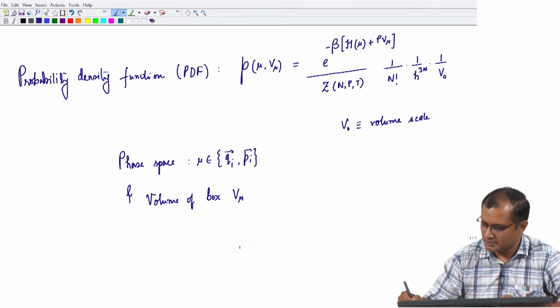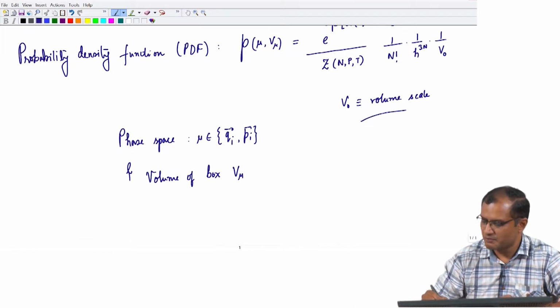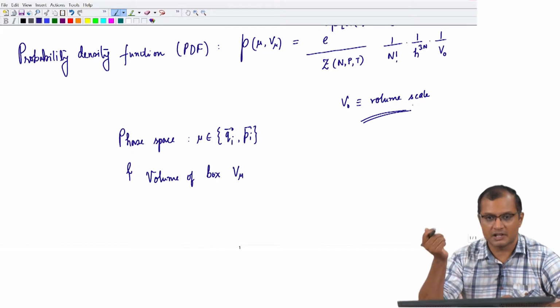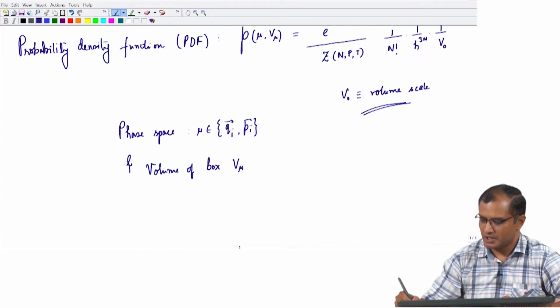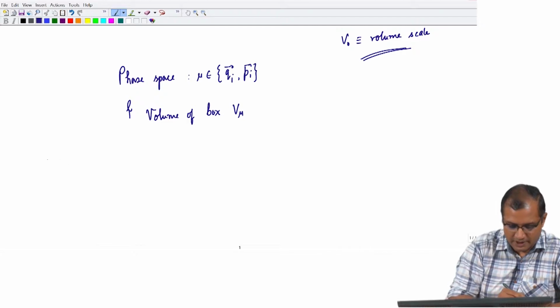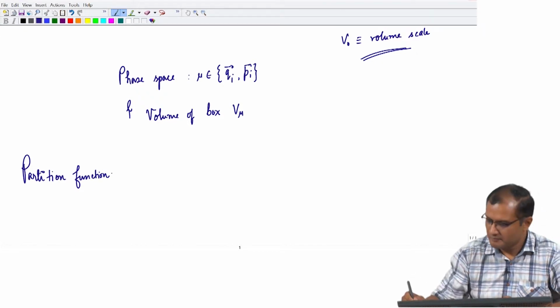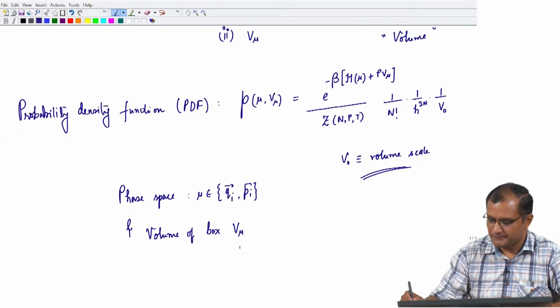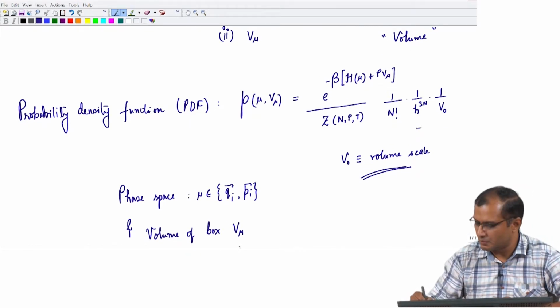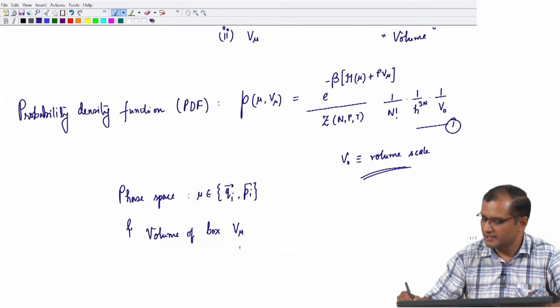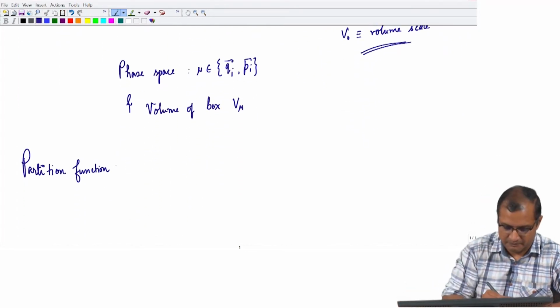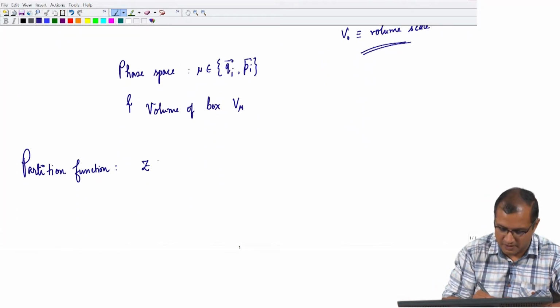Okay. So, that is why I have to divide by a volume scale to non dimensionalize my partition function. So, now I can write down the partition function, looking at this equation 1, I can directly write down my partition function as Z NPT.